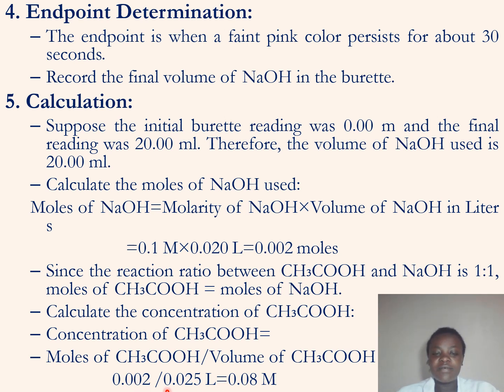Its number of moles is 0.002 moles. To get its concentration, we say it is number of moles over volume, which gives us 0.08 molar. So that is the concentration of what? The concentration of the acetic acid.